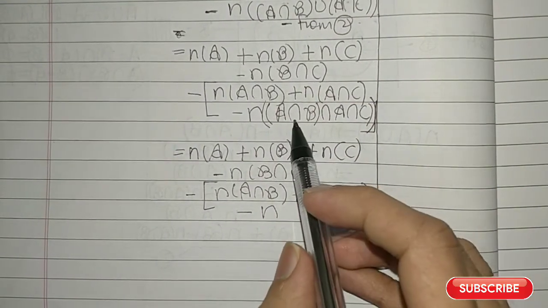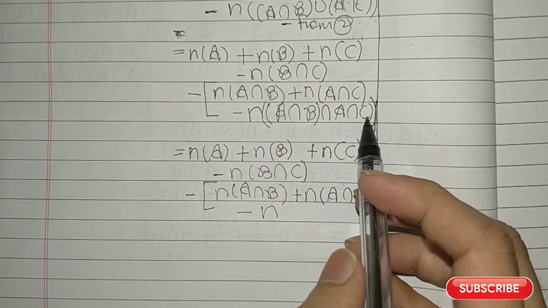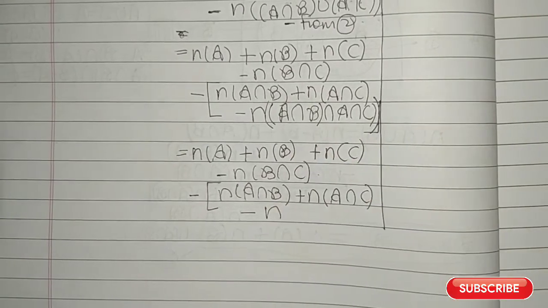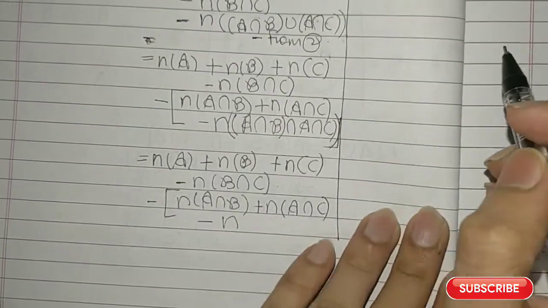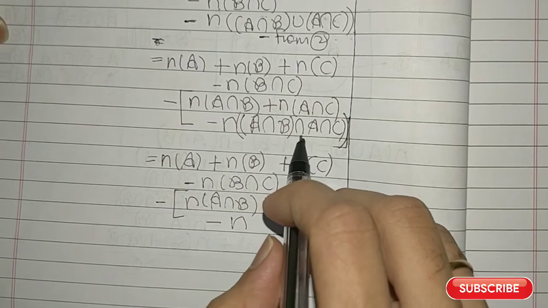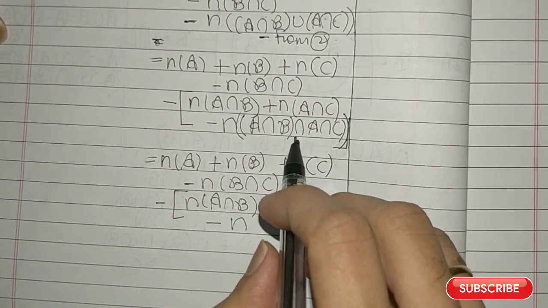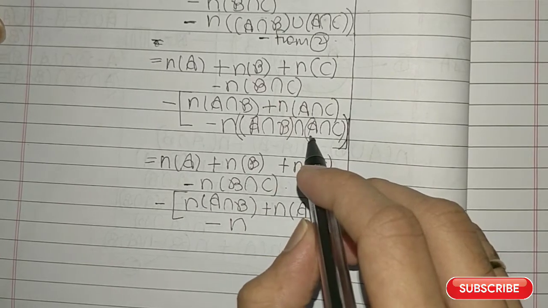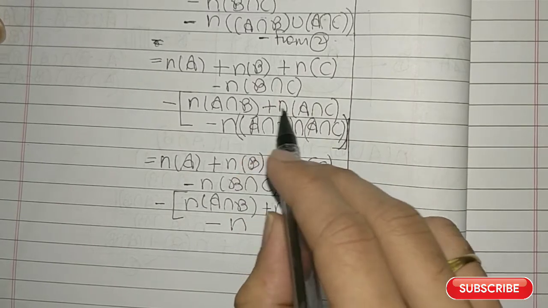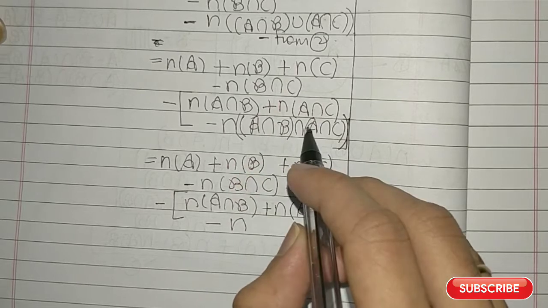Now here I will use the distributive law. The distributive law with intersection in the middle: you just have to take the set A common.